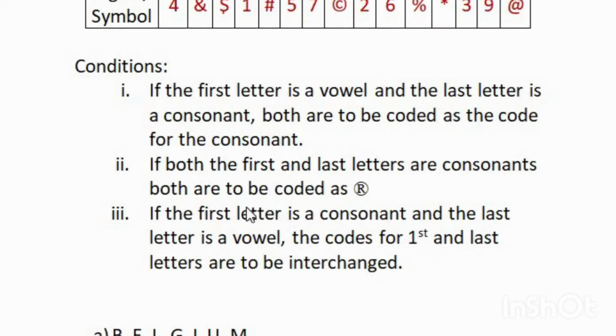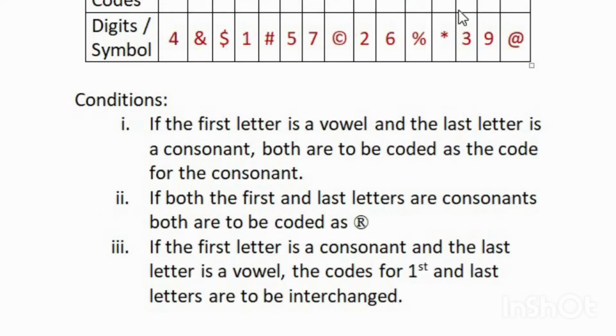In the next question, both the first and last letters, A and E, are vowels, and there is no condition for that. So you write the digits or symbols corresponding to those letters. The digits corresponding to A and G are 9 and 1 respectively. So instead of A and G, we can write 9 and 1.